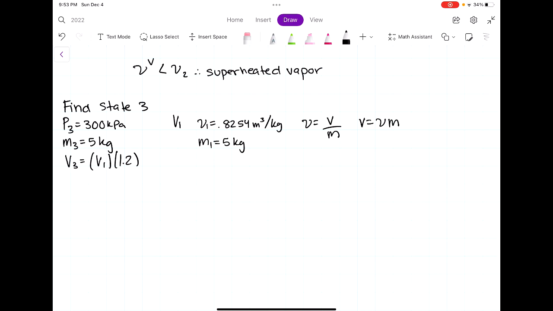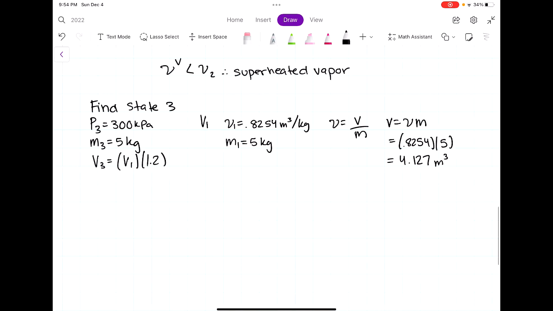We plug in what we have, so the specific volume of 0.8254 times the mass of 5 is equal to 4.127 meters cubed. Alrighty, so that's the volume in state 1, and we're going to go ahead and multiply that times 1.2 since it increased by 20%.